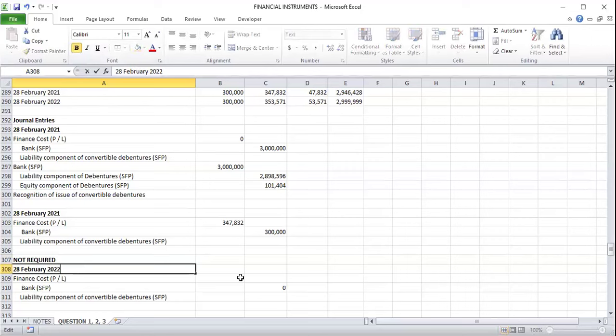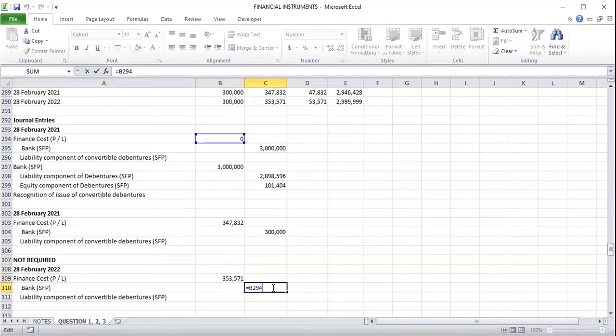Right, our finance cost will be this one here now. Our bank does not change. We're just paying 300,000 every year. Then our liability component will be this one here.